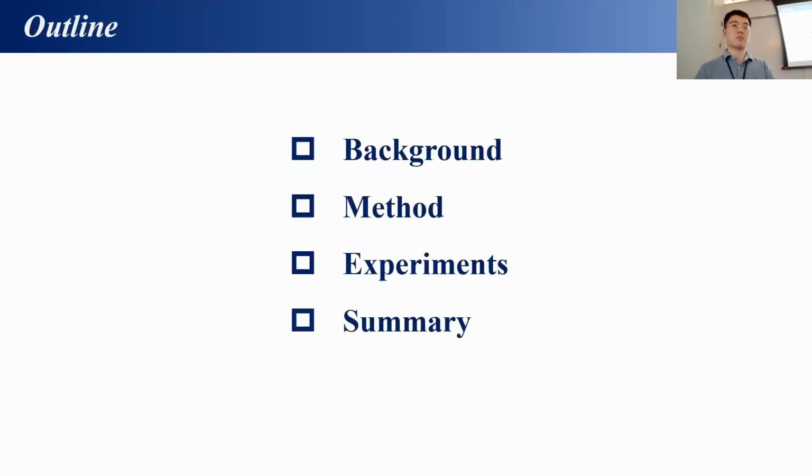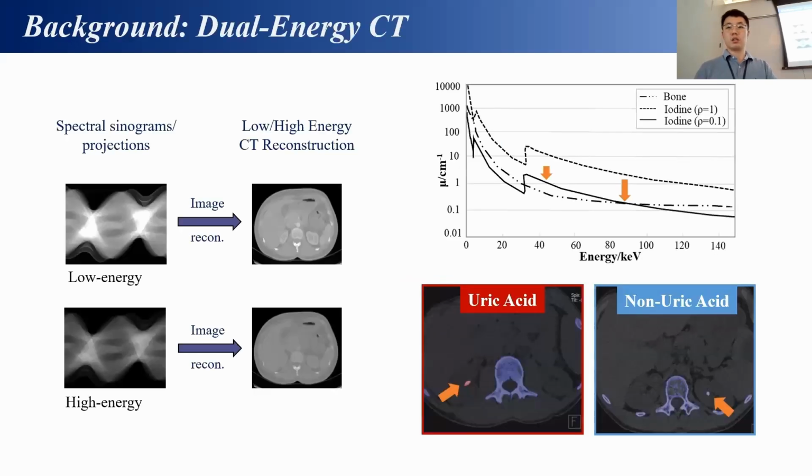First, let me give you some background. Dual CT has been used in clinical diagnosis. Compared to the traditional one, it has high energy and low energy, and it can give material decomposition and unselected images.